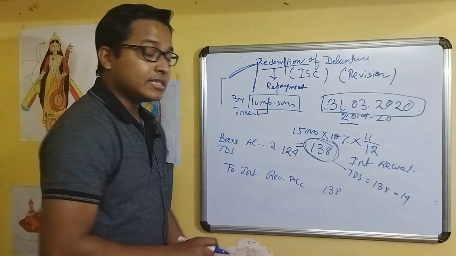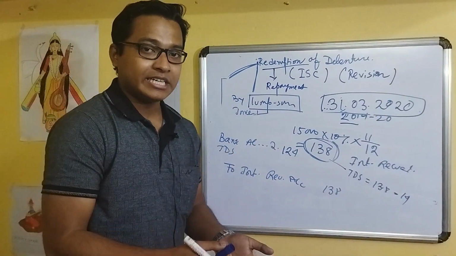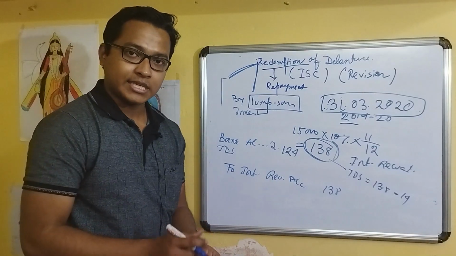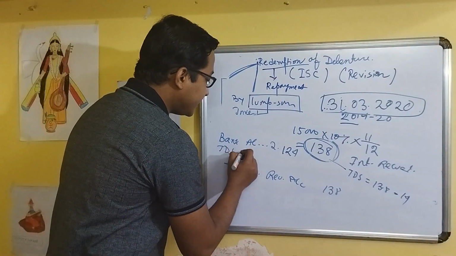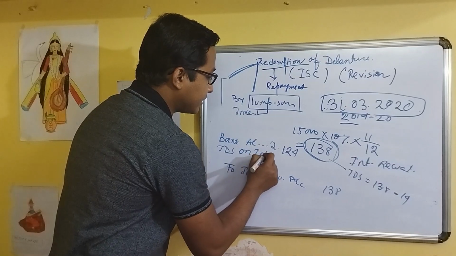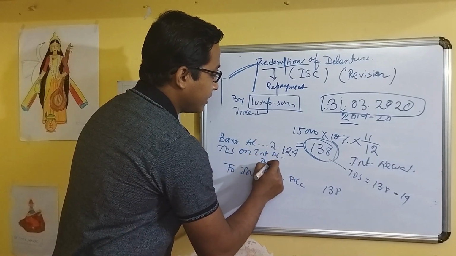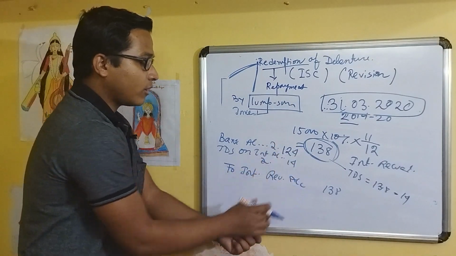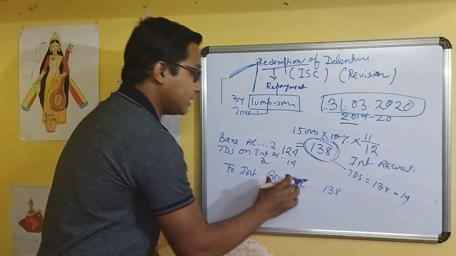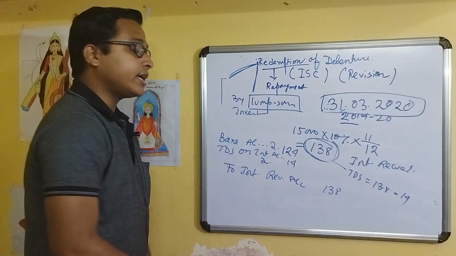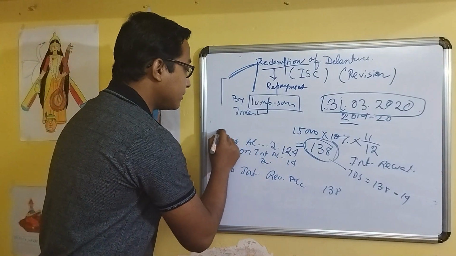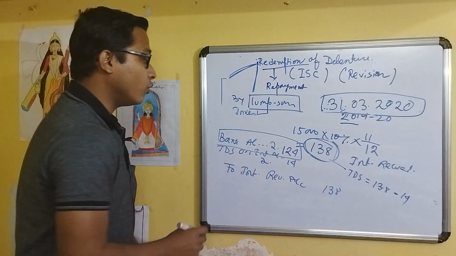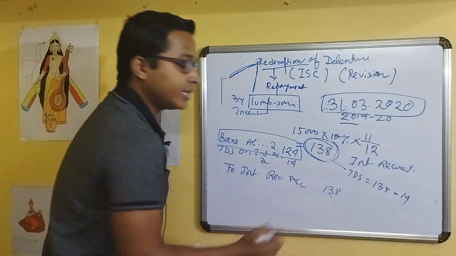Since the company is paying the TDS, it is like an expense. So TDS on interest account debit, that is your 14, and these two combined give your interest received. Remember, a student may make a mistake, thinking that since we are getting 124, it is only the interest income.